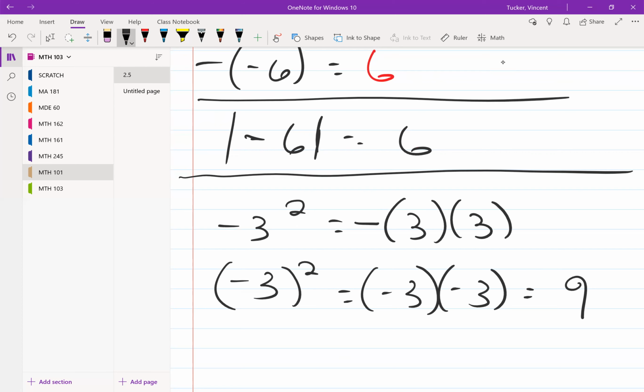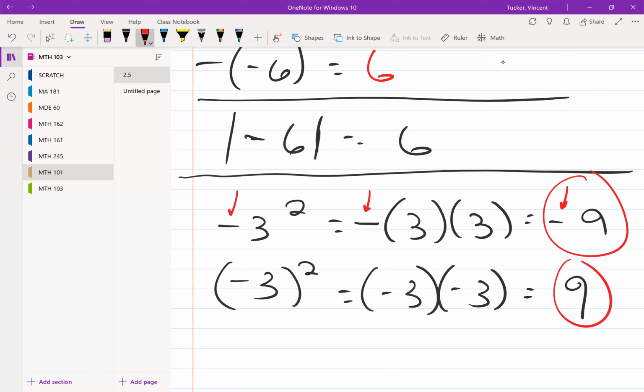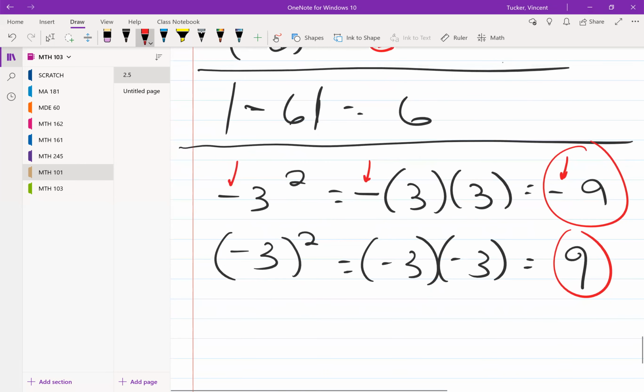That negative is sitting on the outside. So that's 3 times 3, which is 9, but that negative is still sitting on the outside. So your result would be -9. Make sure you're careful with both of those and see the difference, because a -9 versus a +9 will make all the difference in the world in your calculation as you progress forward. All right. Well, that's it for that section.